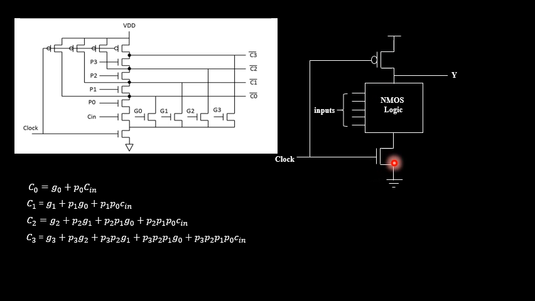In addition to that, this will be the NMOS logic structure. This NMOS logic structure is nothing but the pull down part of NMOS transistors we had in my previous design.